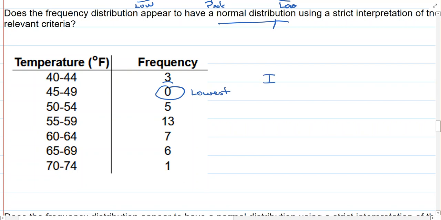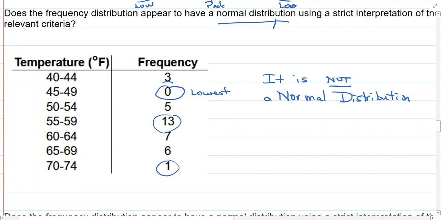So it is not a normal distribution because it should be rising slightly. Other than that, this is a high and this is a low, but this gap, the lowest, is 0, and it is the second count. So it is not a normal distribution.